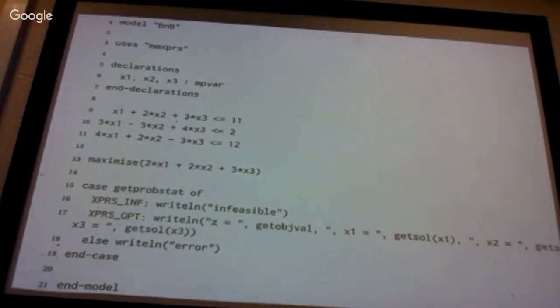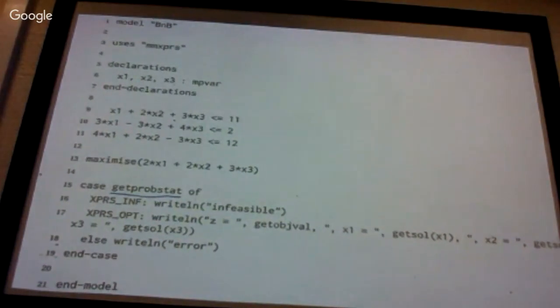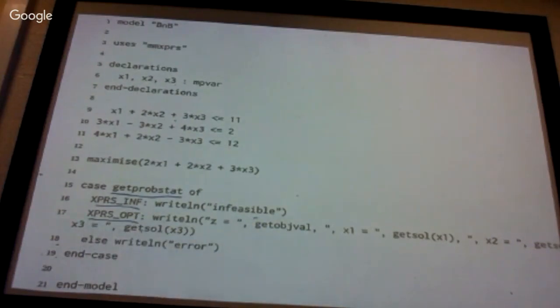It's not very complicated. It just says that you have 3 decision variables, you have 3 constraints, you have some objective. This getprobstat thing just looks at whether the problem you've tried to solve is feasible or not. If it's infeasible, then it's infeasible, and if it's not infeasible, then it's optimal, and if it's not optimal or infeasible, then something went wrong. Unless it's unbounded.